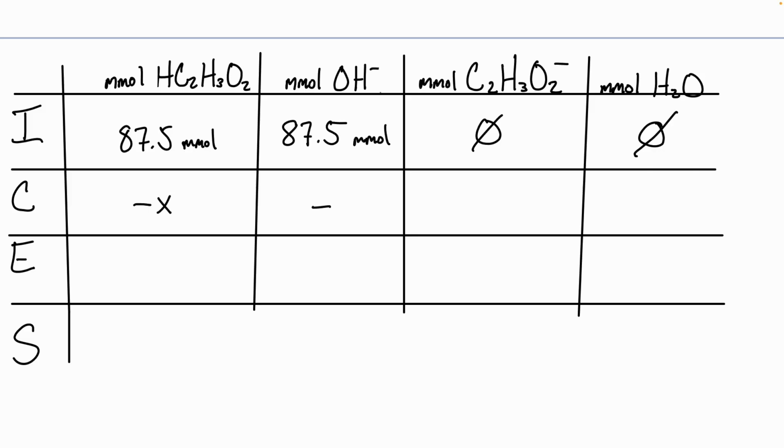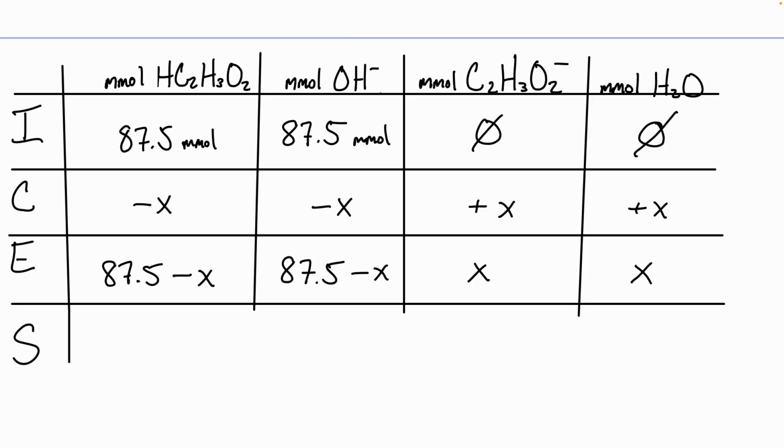Our reactants decrease. Our products increase. So we get 87.5 minus X, 87.5 minus X, X, and X. And just as before, since this reaction included that strong base, it must go to completion, meaning all of my limiting reactant is going to be consumed.